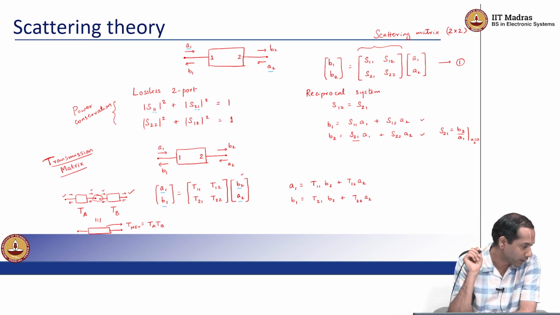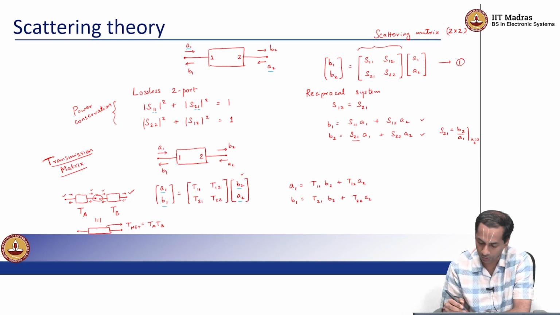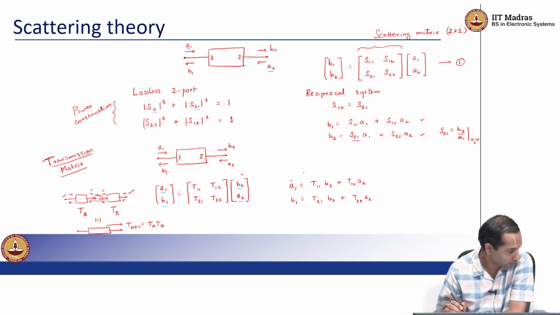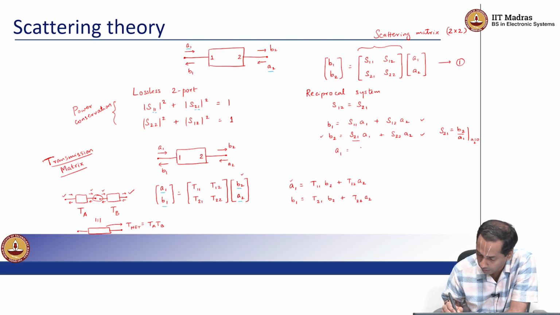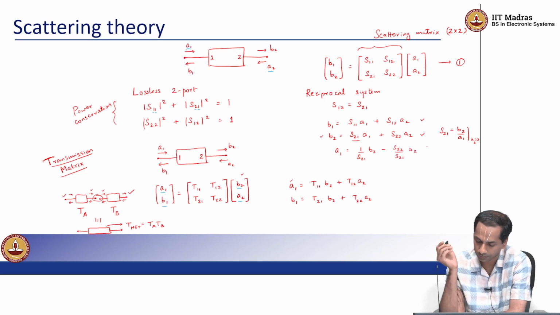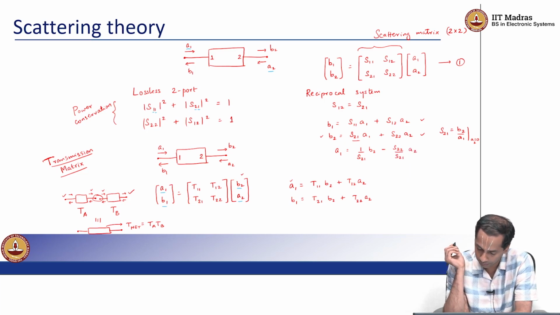So let us do one very quickly. I need A1 on the left hand side. So let us take this equation. This becomes A1 is equal to 1 over S21 times B2, minus S22 by S21 times A2.